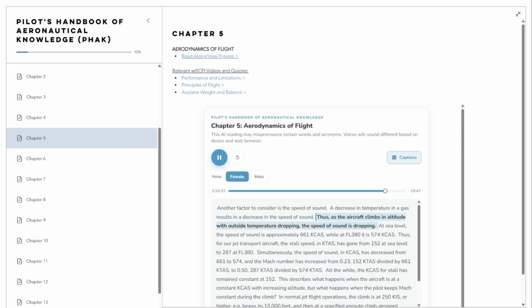Thus, as the aircraft climbs in altitude with outside temperature dropping, the speed of sound is dropping. At sea level, the speed of sound is approximately 661 KTAS, while at FL 380 it is 574 KTAS. Thus, for our jet transport aircraft, the stall speed, in KTAS, has gone from 152 at sea level to 287 at FL 380.